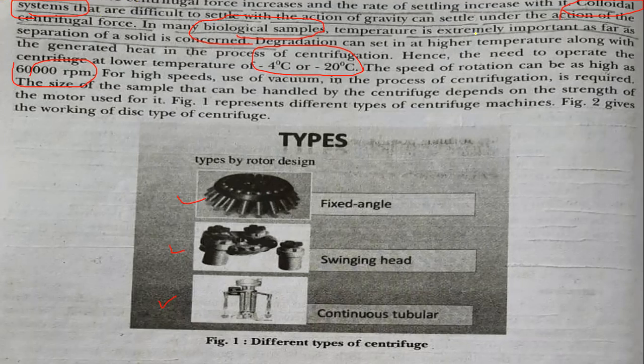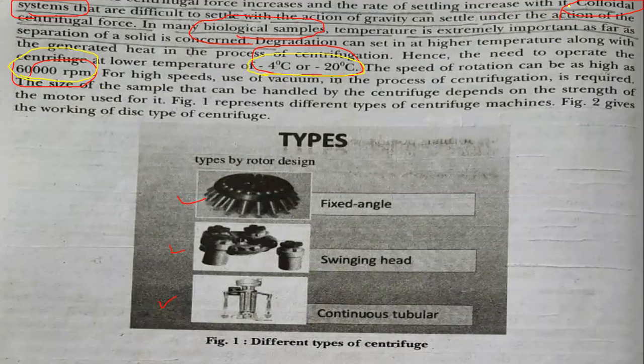A very high amount of centrifugal force will be generated upon the solutes. There are instruments where we can maintain the temperature from -4 to -20 degrees Celsius, and the rotations can be provided up to 60,000 revolutions per minute.